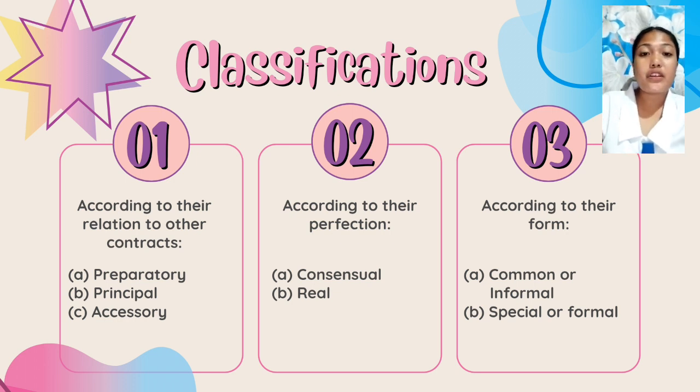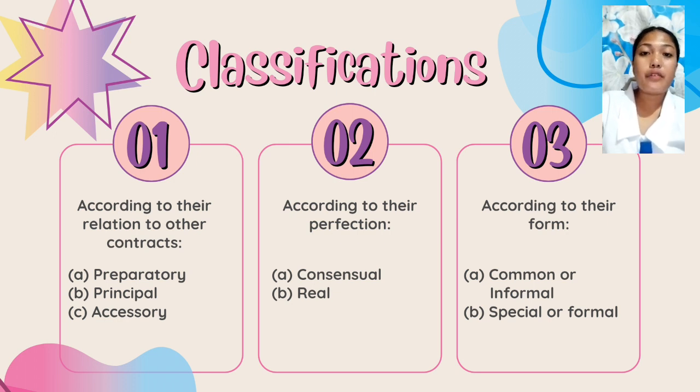Second, we have the principal, or those which can subsist independently from other contracts and whose purpose can be fulfilled by themselves. Examples are sale, lease, common carrier, or insurance. Third, we have the accessory, or those which can exist only as a consequence of or in relation with another prior contract. Examples are pledge and mortgage.